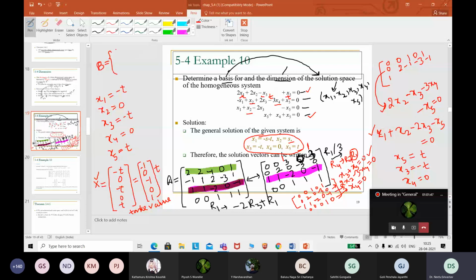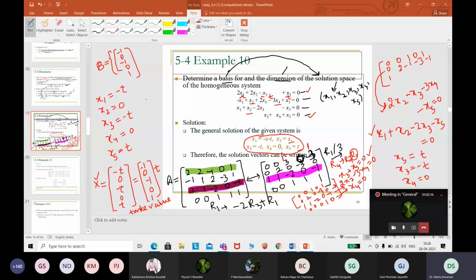So if you are talking about only the linearly independent, I have only one vector which is nothing but -1, 0, -1, and then I have 0 and then I have 1. Only one vector is there, and all the other vectors are linear combinations of this vector only, because you have written this into t. So this single vector will represent a basis for this solution space, whatever system of equations you have.